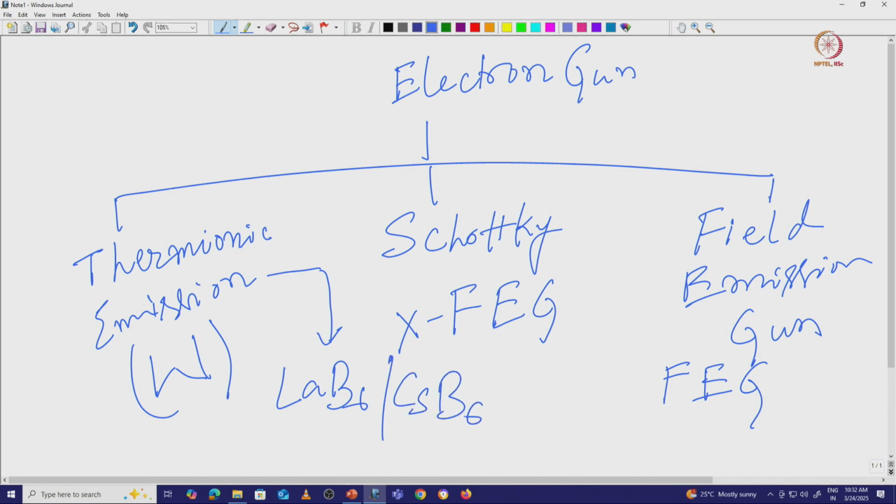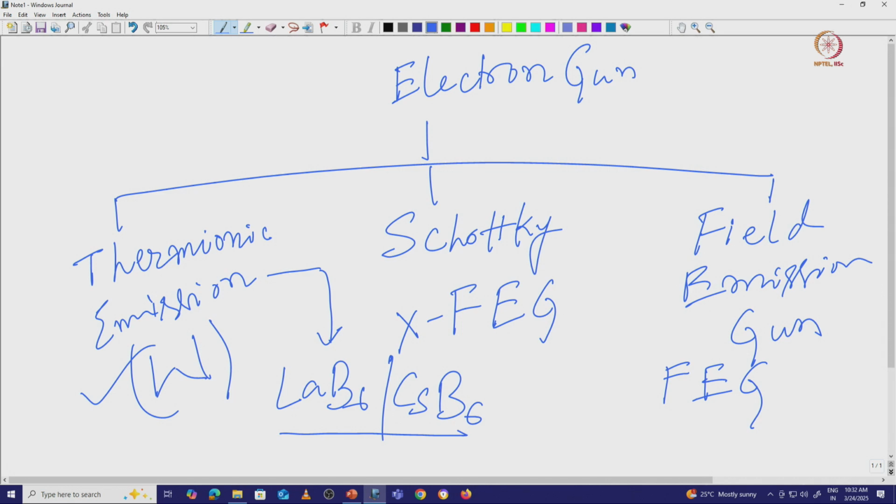This crystal name is LaB6, it is called LaB6, meaning lanthanum hexaboride crystal or cesium hexaboride. So, this thermionic emission will be either tungsten filament or LaB6 filament, then comes Schottky, XFEG, and the field emission gun.